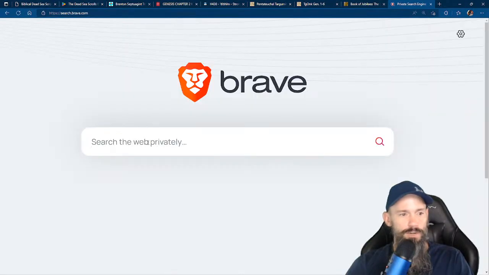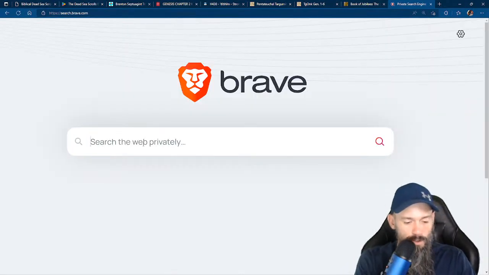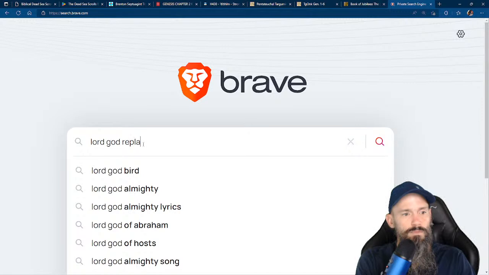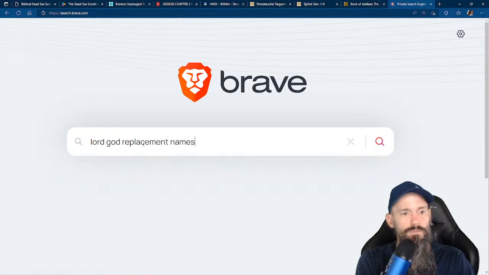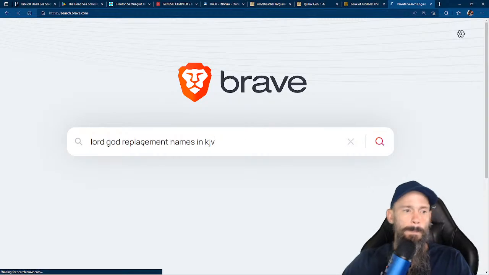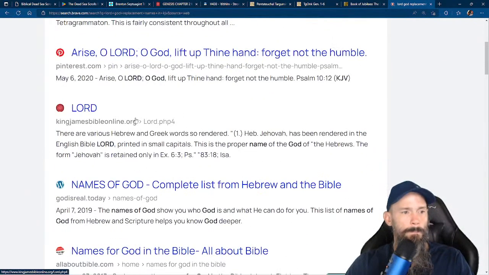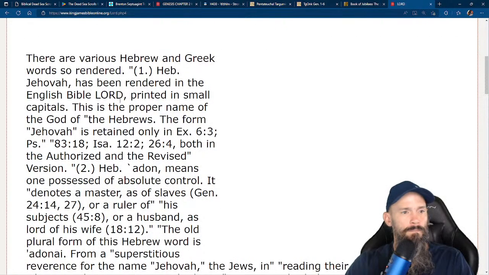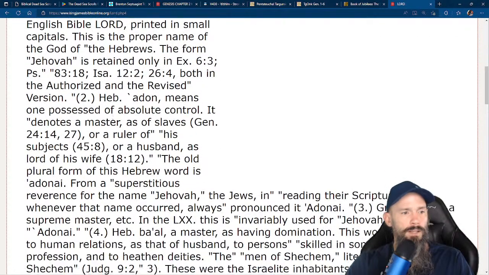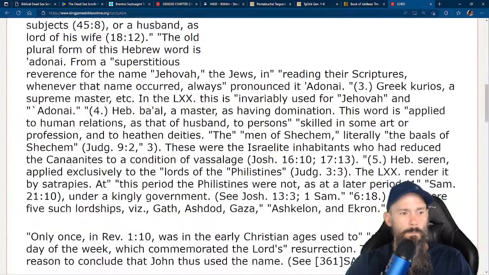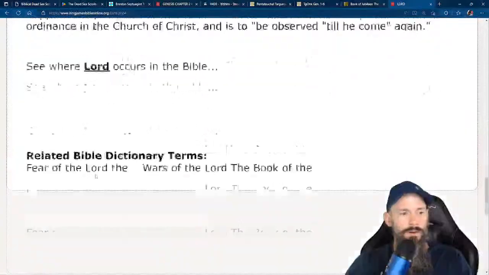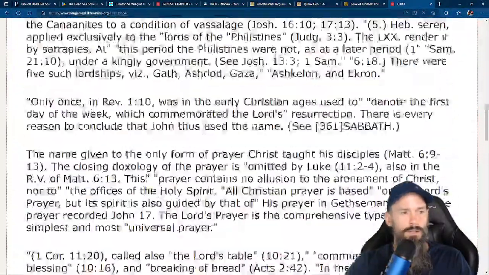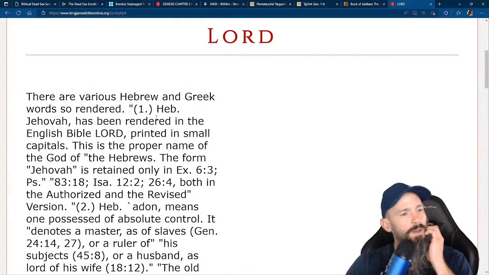And I found something interesting in my scriptures the other day. Probably don't have it on the website.